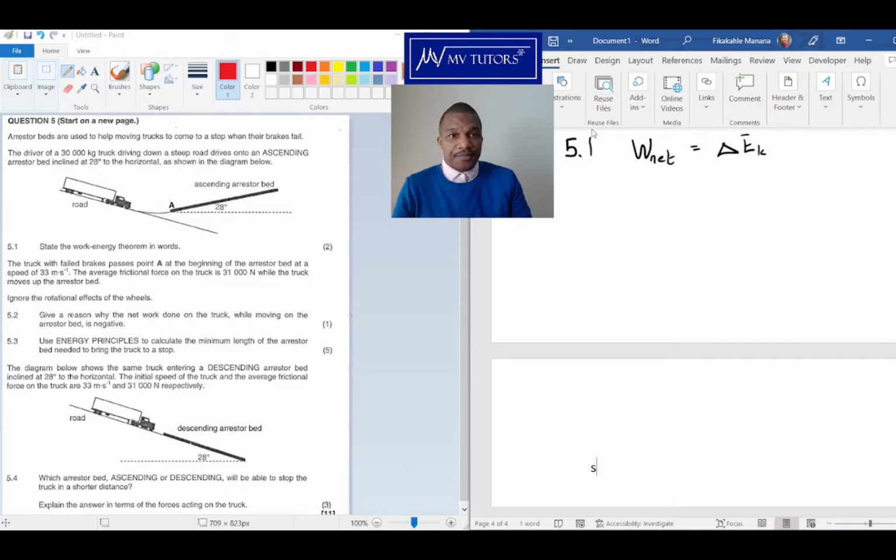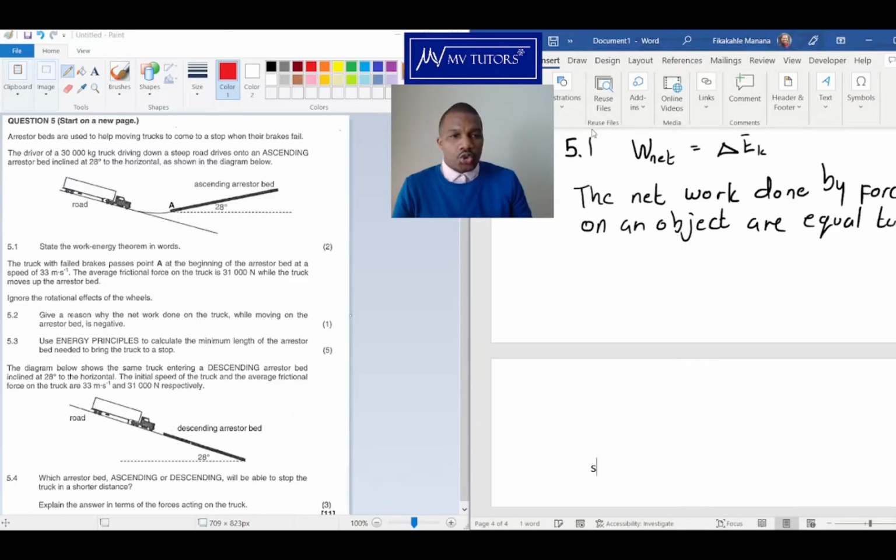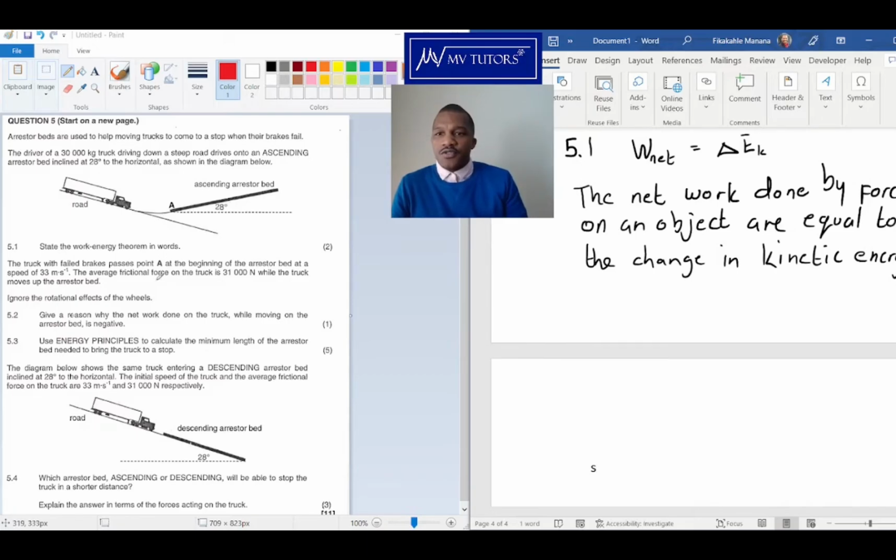You have to say the work-energy theorem states that the net work done by forces on an object is equal to the change in kinetic energy. That's it. That's all. Let's move on.